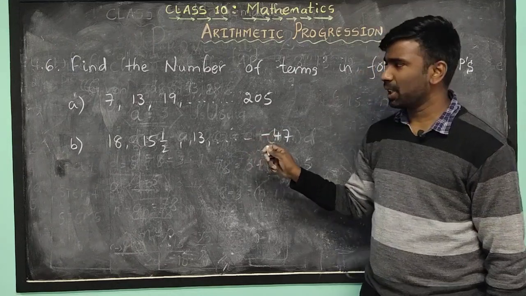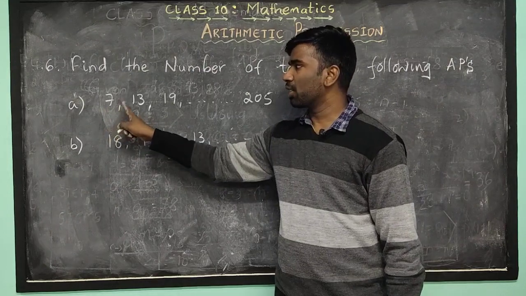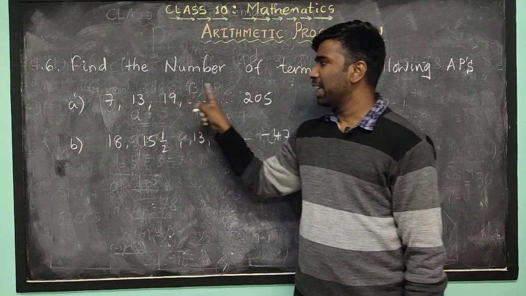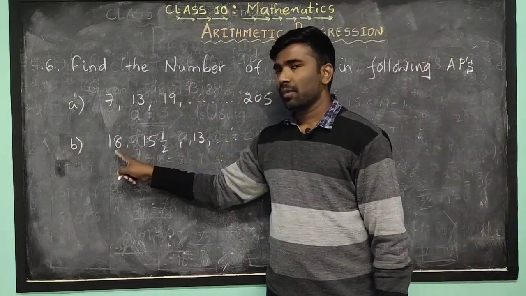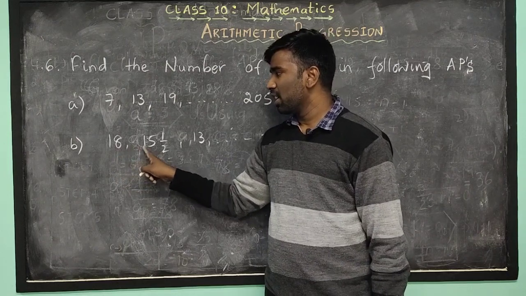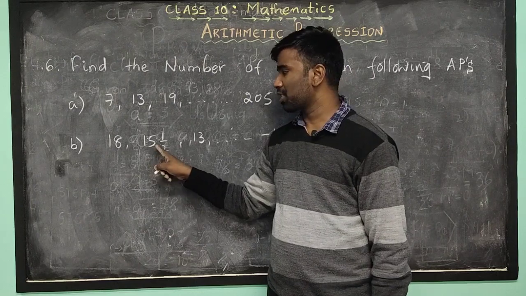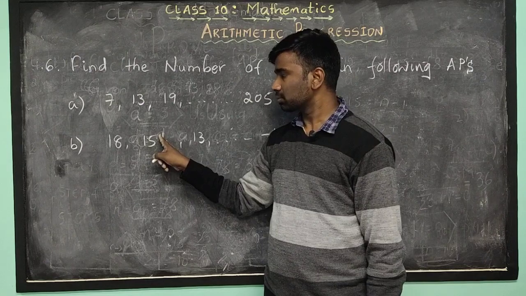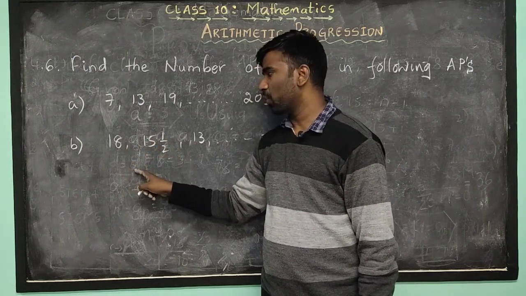It is the same as the previous question, where a equals 7, d is what? a2 minus a1, that is 13 minus 7 is 6, an equals 205. In the same way, a is 18, d equals a2 minus a1, that is 15 1 by 2, which can be converted into an improper fraction, that is 2 fifteens are 30, 30 plus 1 is 31 divided by 2, minus 18, you get the value of d.